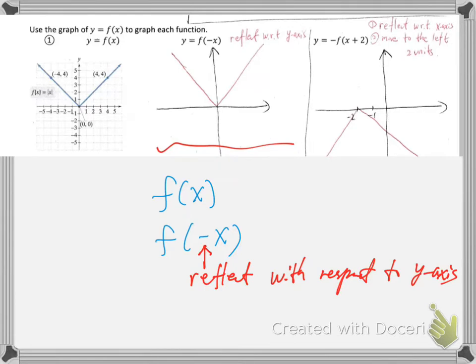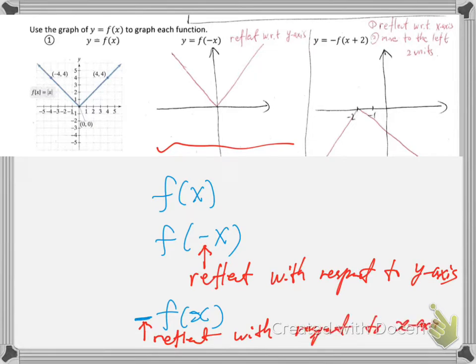So now if you put the negative sign outside, it's negative f of x. This means you change the output, so this is reflect with respect to the x-axis.